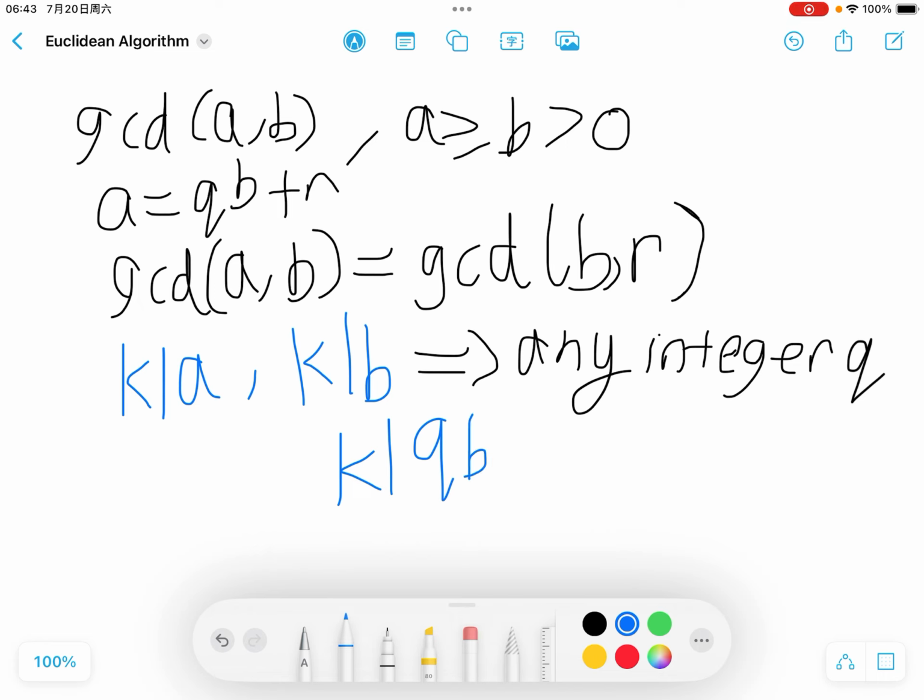So QB is divisible by K, and we know that A is divisible by K, so based on these two, we know that A minus QB is divisible by K. So once again, why is that?